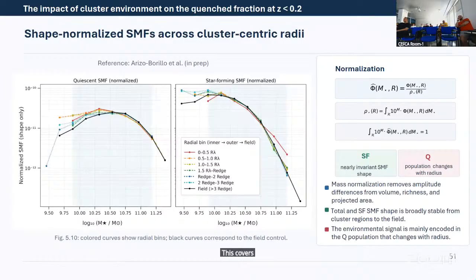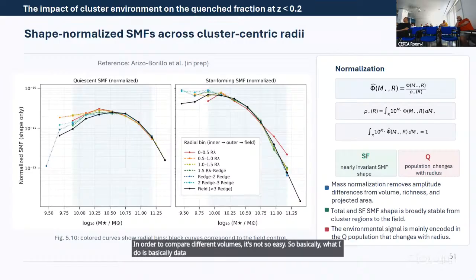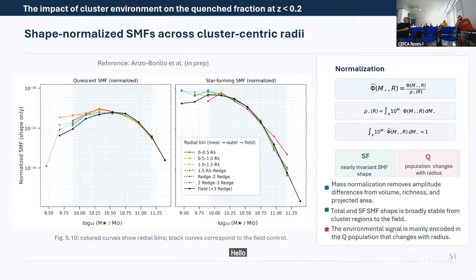Basically, we are going to focus only on the shape. As you may know, the normalization, in order to compare different volumes, is not so easy. So basically, what I do is make a normalization in a stellar mass bin and plot the different stellar mass functions of quiescent and star-forming galaxies.